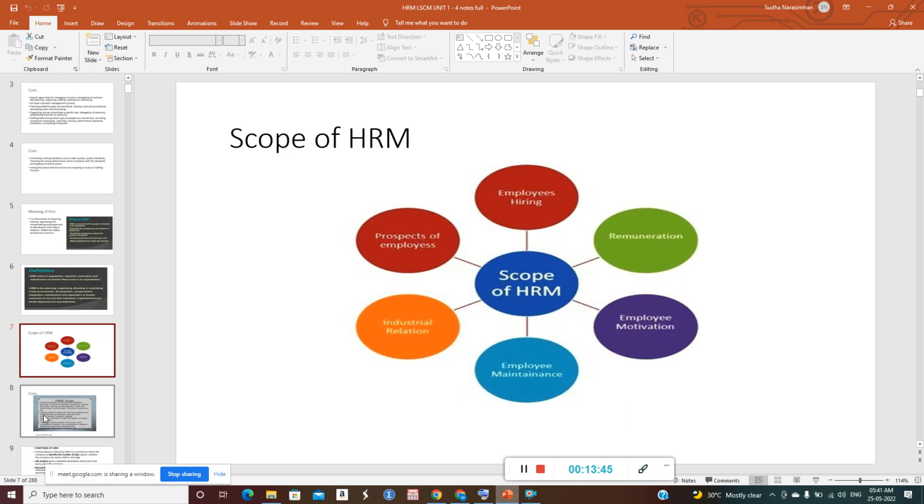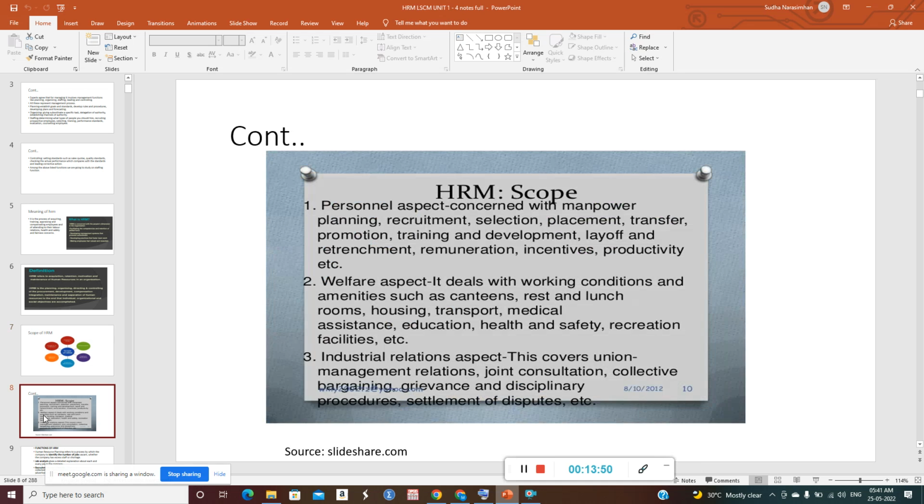Now, looking into the scope of human resources management, the scope is always wider in nature. This is said to be modern HRM practice. The scope comprises the following.